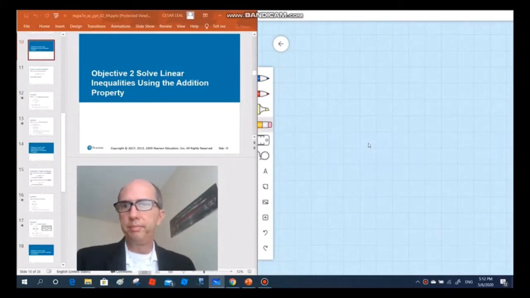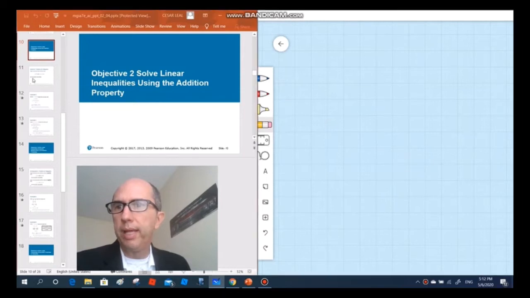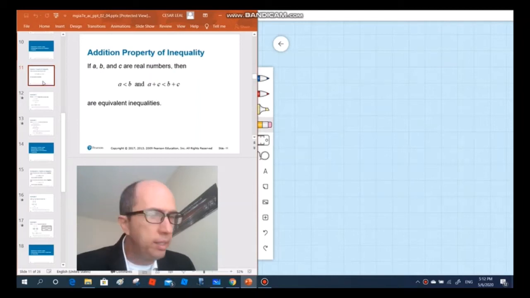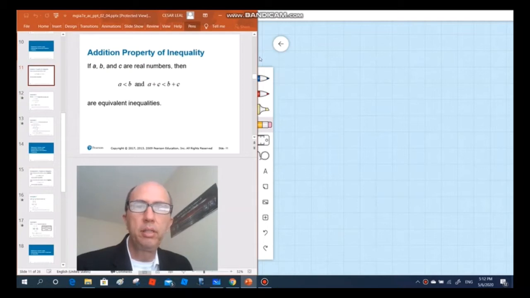Now, objective 2, solve linear inequalities using the addition property. And now we're going to apply the addition property to solve inequalities. And the way we do this is pretty similar to the way we do with equations.